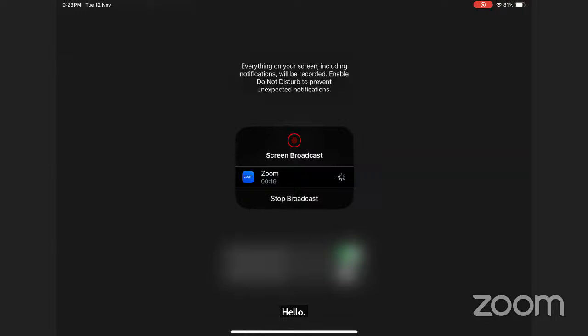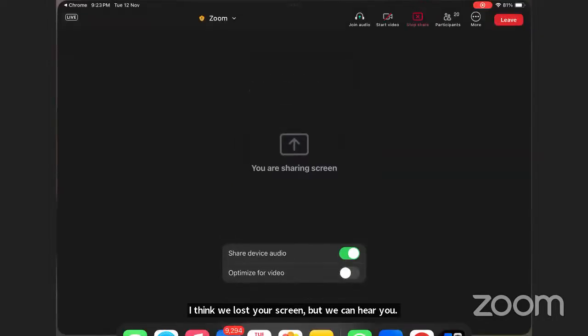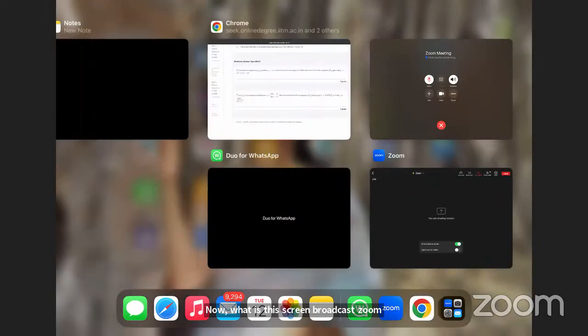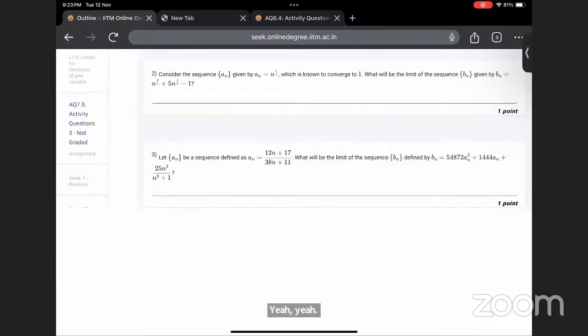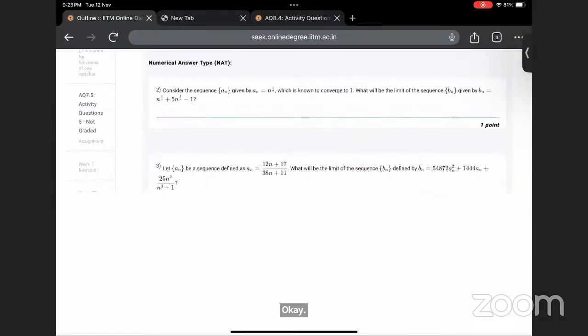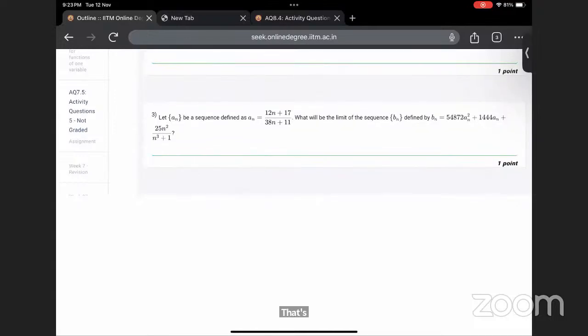Can you share your doubt? I think we lost your screen, but we can hear you. Can you see my screen now? Yeah, now we can see it. What was the problem? What was the doubt?